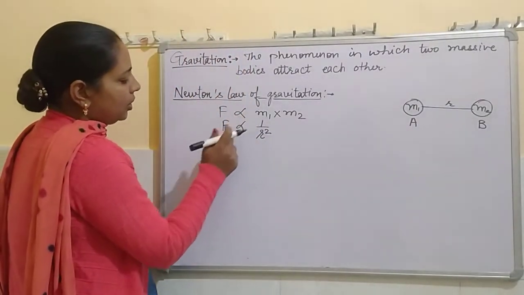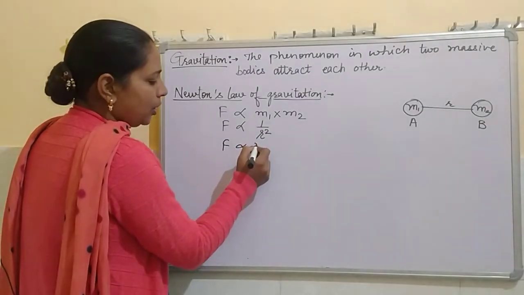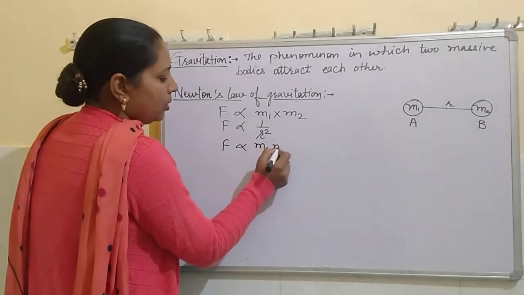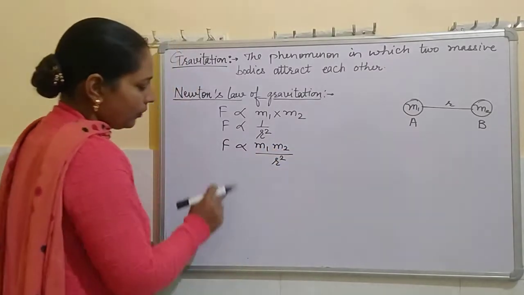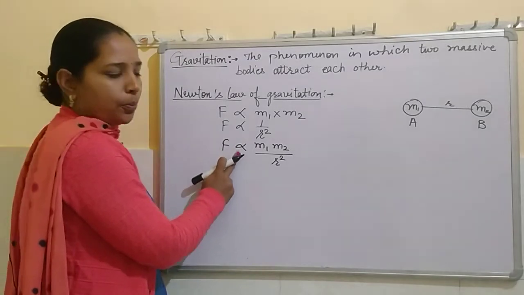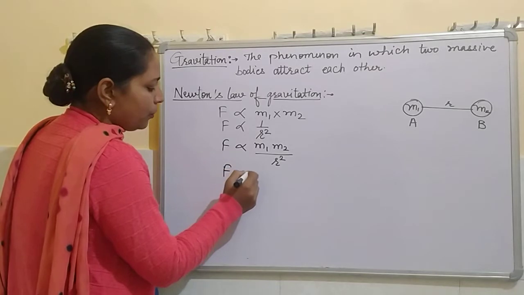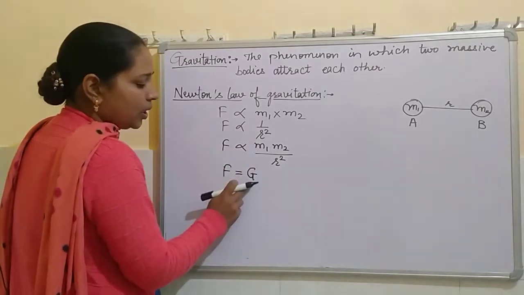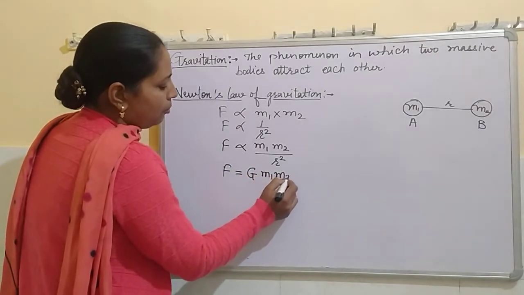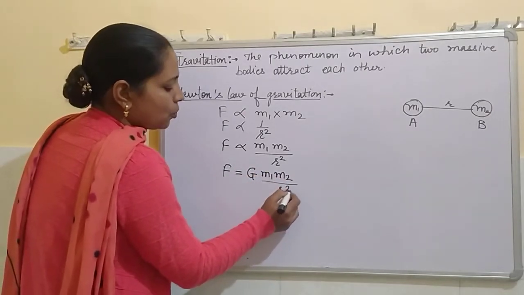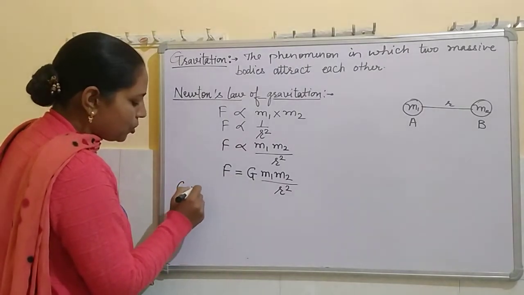When we combine these two equations, we get a relation that F depends upon three factors, that is m1, m2 and r square. This sign is known as the proportionality sign, and when we remove this sign, we use a constant, capital G: F = G m1 m2 by r square. This G is the proportionality constant here.